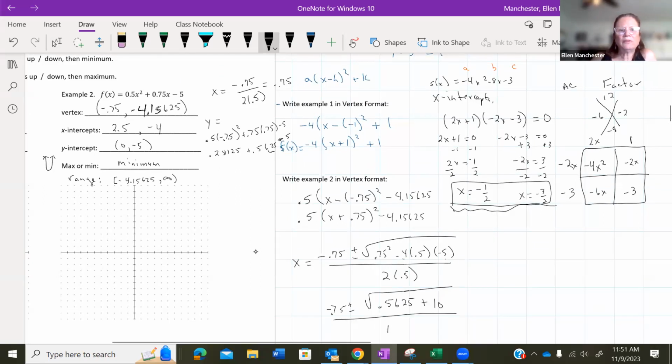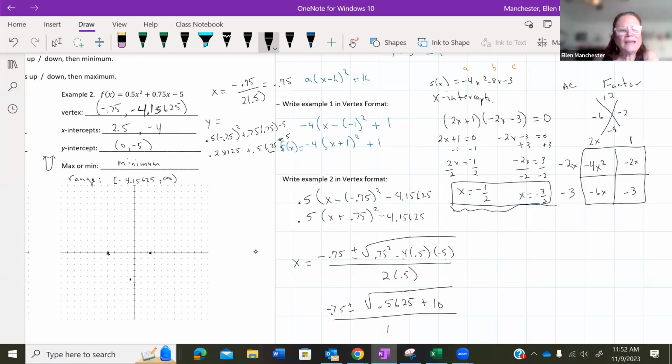Okay. And then I'll graph it. So -0.75 is -3/4, and then down 4 and a little bit. There's my vertex. My x-intercepts are at 2.5 and -4. My y-intercept is at, okay, what did I miscalculate?